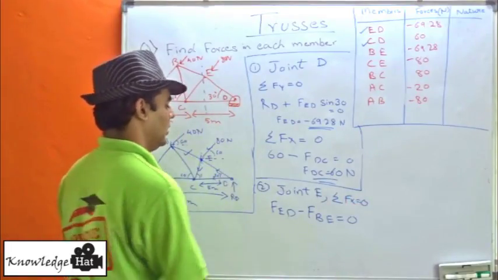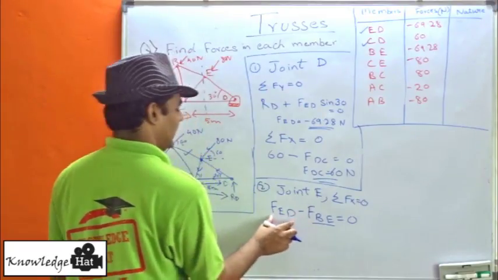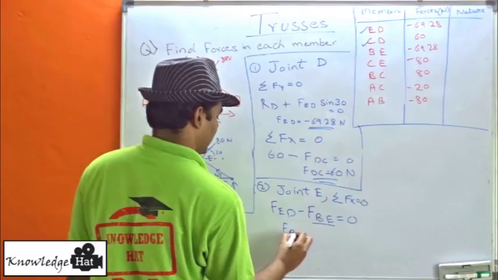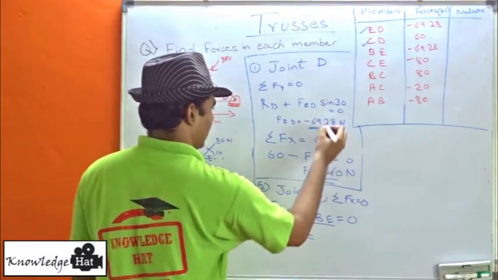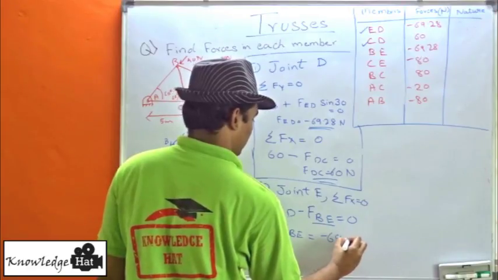So we get our force BE, which is same as ED, which is minus 69.28.